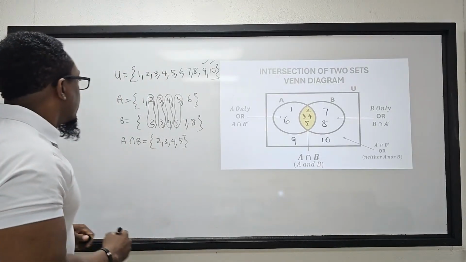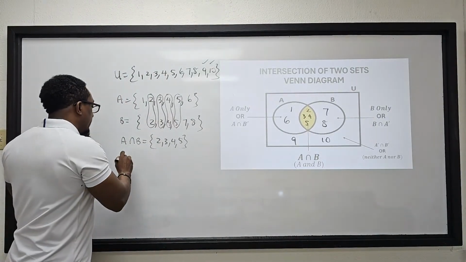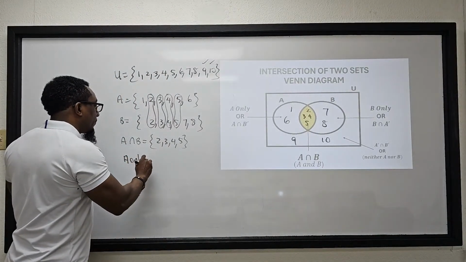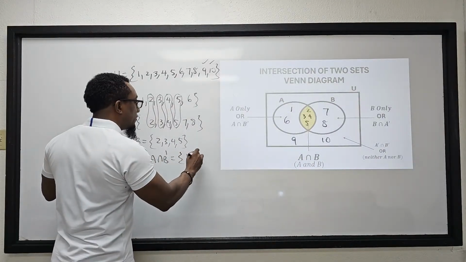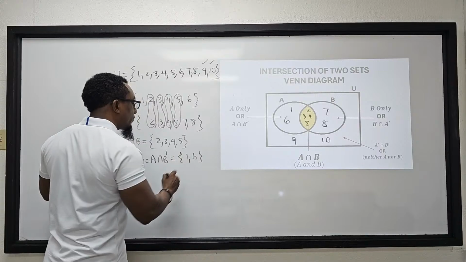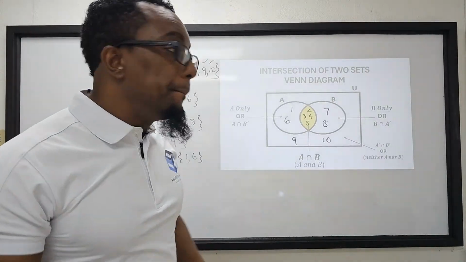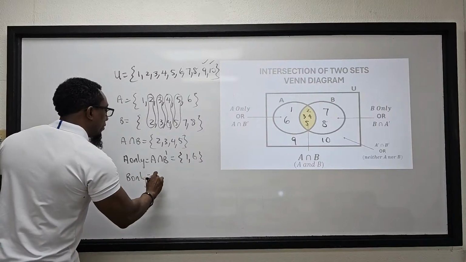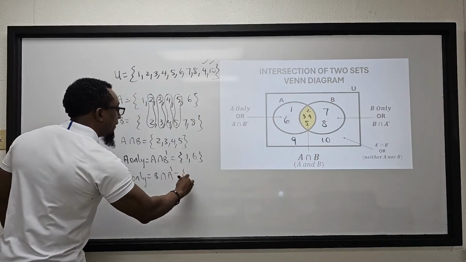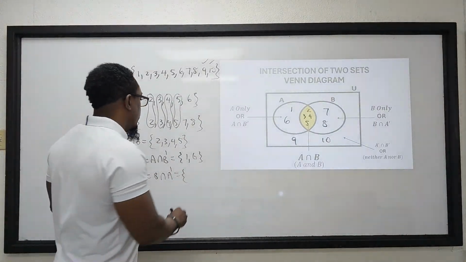So we know that the elements of A only, or A intersect B complement, will be 1, 6. We know the elements of B only, or B intersect A complement, that will be 7, 8.